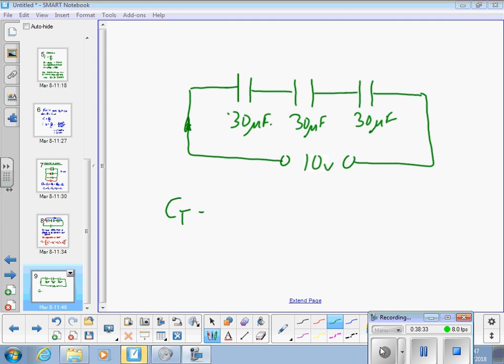C2 is equal... You can deal with numbers because they're all in microfarads.